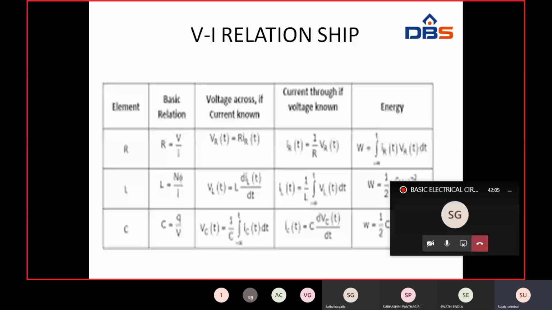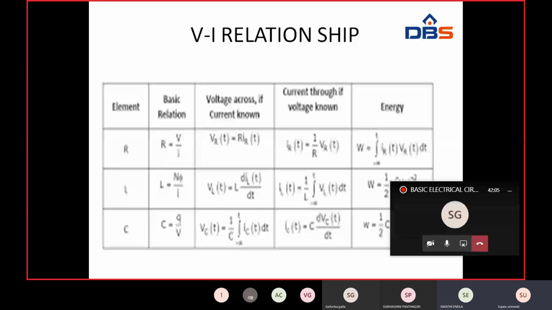If the direction is opposite, then whatever is positive becomes negative, and whatever is negative becomes positive. If our answer comes out negative, then our assumption was in the opposite direction.